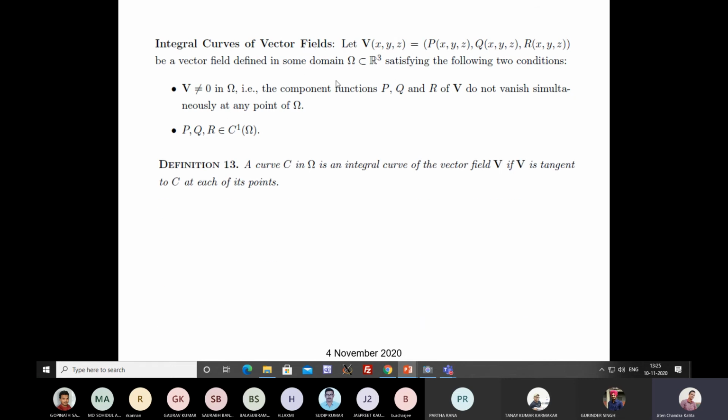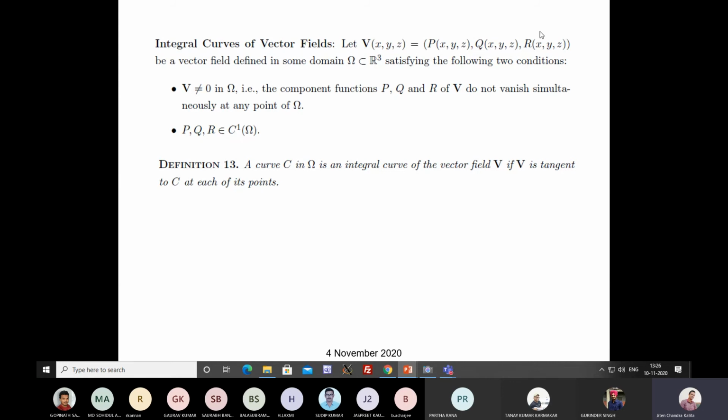So these are the two conditions. Firstly, you assume that V is a vector whose components are P, Q, and R, again functions of x, y, z. This is a vector field in some domain omega in R3, and it satisfies the following two conditions. First, the vector V has to be non-vanishing. Remember, non-vanishing doesn't mean that P, Q, R have to be zero simultaneously.